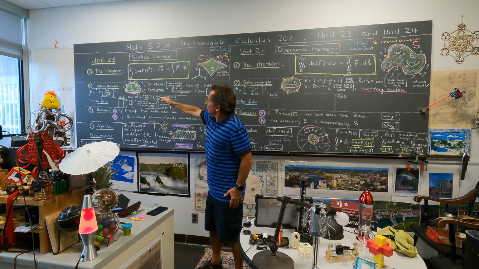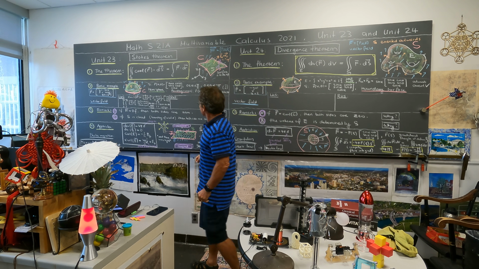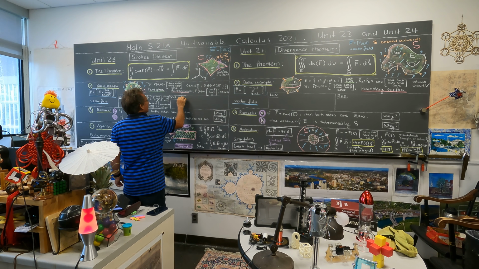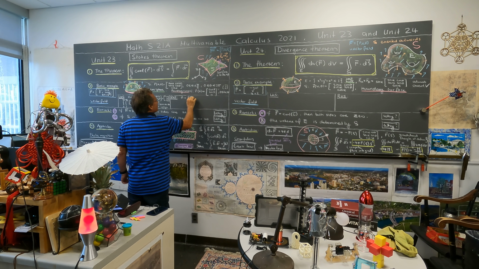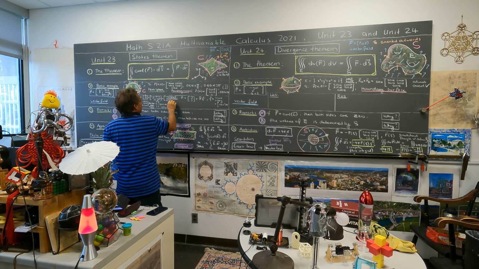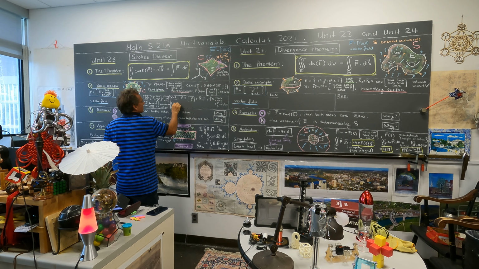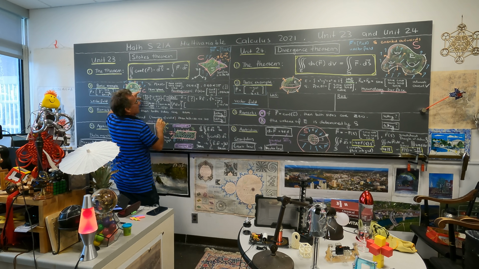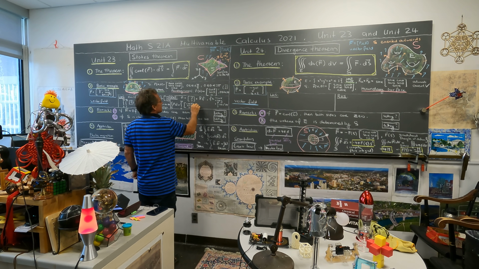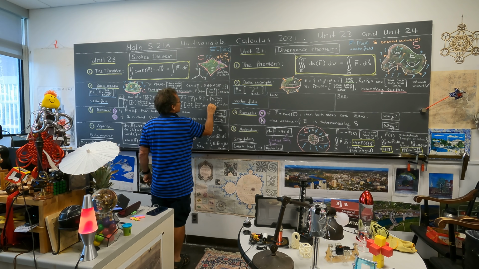Okay, let's compute the right hand side of this. In order to do that, I'm using a little trick here. We can write F as the vector field (-y, x, 0) plus a gradient field. So we compute the line integral over the closed curve C. That gives us 2 pi.